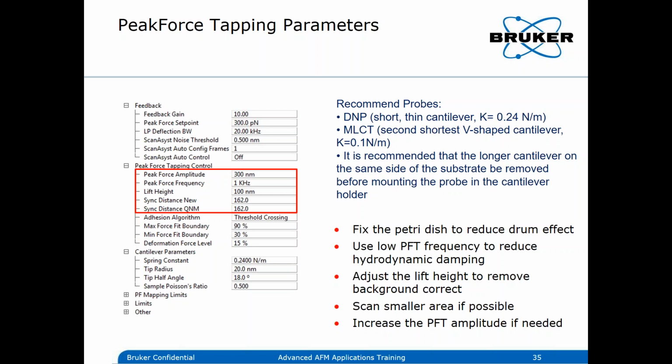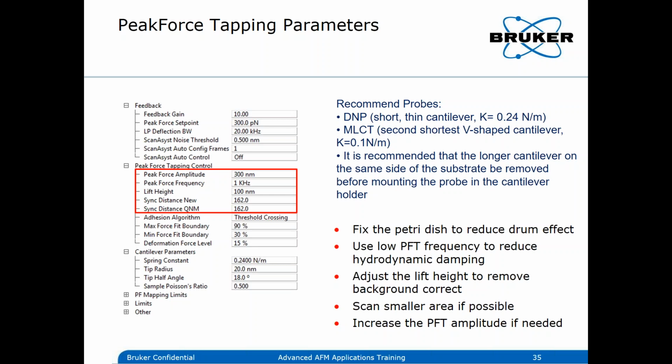You can remove the longer one under an optical microscope with a scalpel, for instance, carefully, or with a tweezer. Usually, to my knowledge, I haven't seen much of an influence there on measurements in fluid, but my colleague says it's better to work without it. So if you can do that as well.